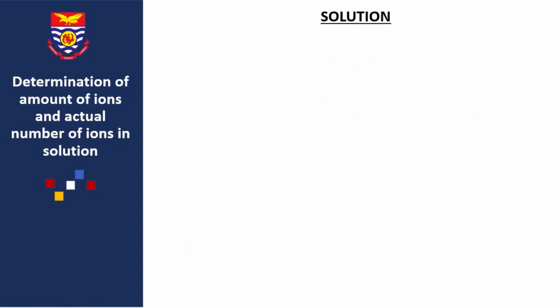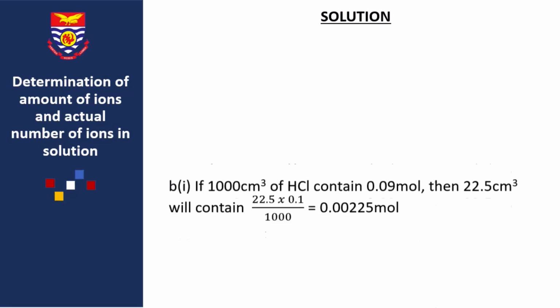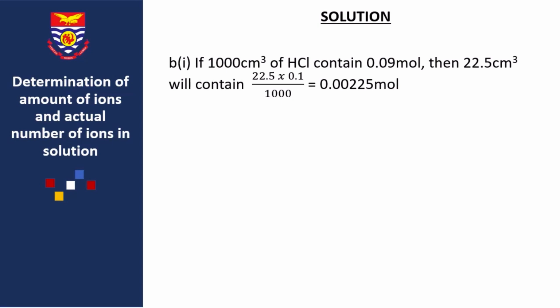So let's look at how we are going to solve this problem. As usual, we look through the question and look at which one has enough information for us to start working from, and that is the hydrochloric acid. We were given the concentration of the hydrochloric acid to be 0.09 mole per cubic decimeters.